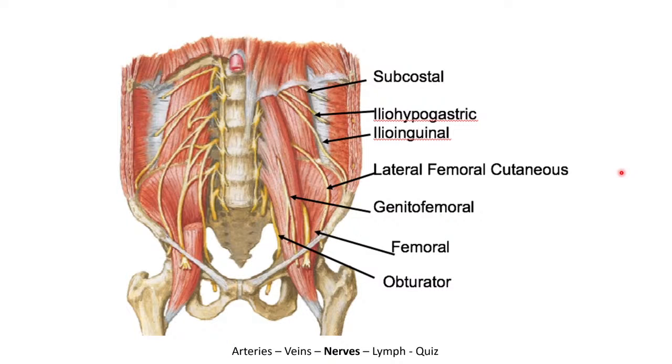Alright, so femoral nerve is this big boy here. This one. And you can see it exits under the inguinal ligament and then gives off really numerous and plenty sensory branches to supply the anterior compartment.